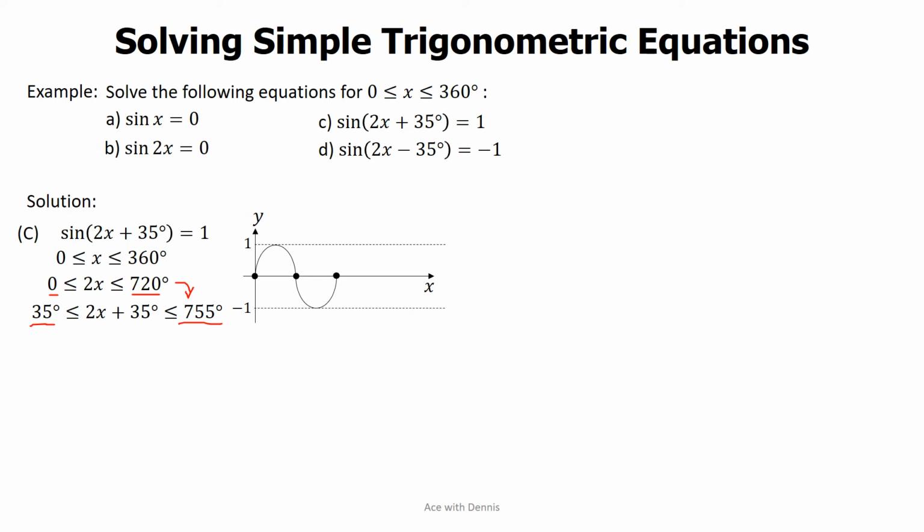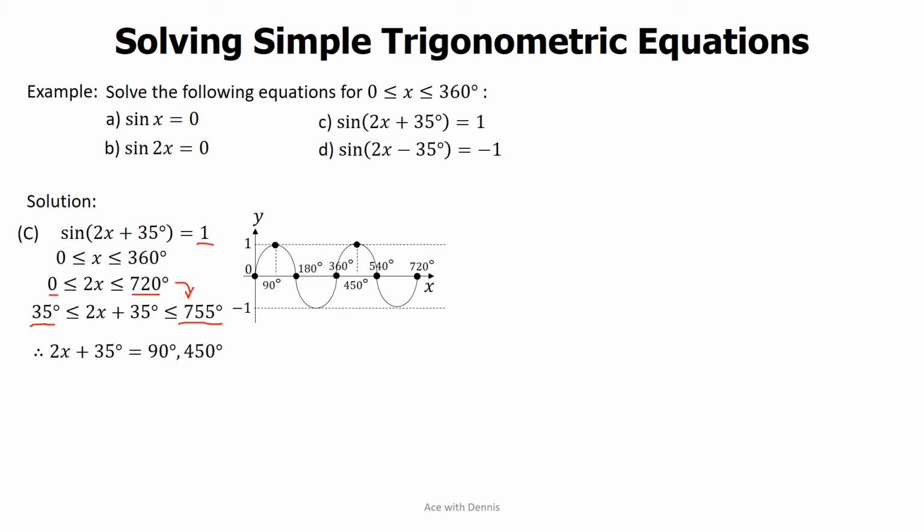After that, we need to look at the graph here. This is 0, 180, 360 degrees, but these are not the angles that we want, because we want the angle where the sine is 1. We can turn another round because we have this 2x here. So the 1 will be this point, which is at 90 degrees, and this point, which is at 450 degrees.